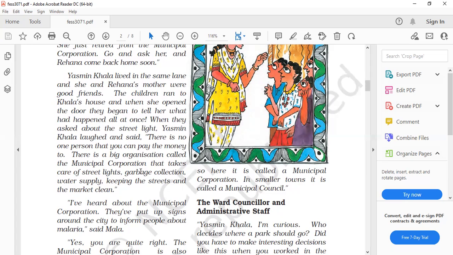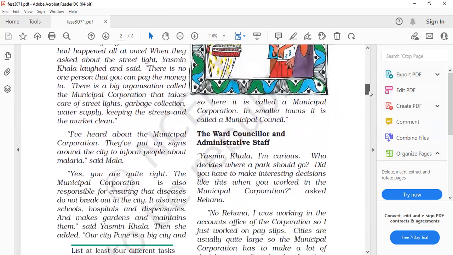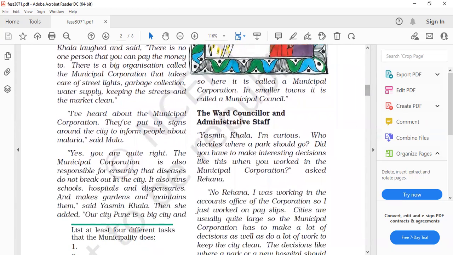And next, municipal schools are also there. Below you will get the answer, that it also runs schools, hospitals and dispensaries and makes gardens and maintains them. We have a municipal park in our area and it is maintained by the municipal corporation.